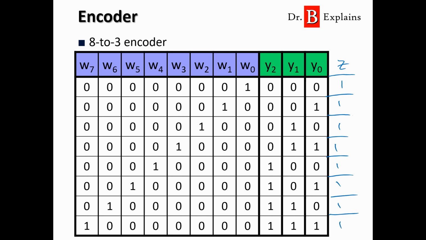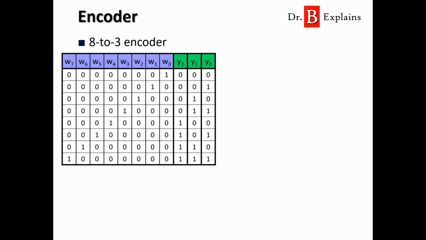But let's say now that we have that, how do we design for it, right? So if I just look at this output, I would say that Y2 is equal to what?